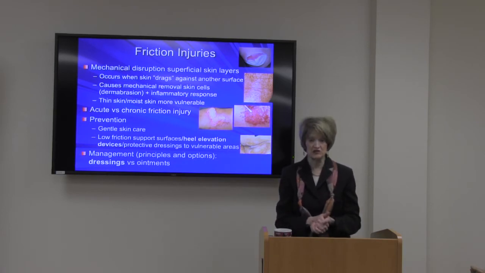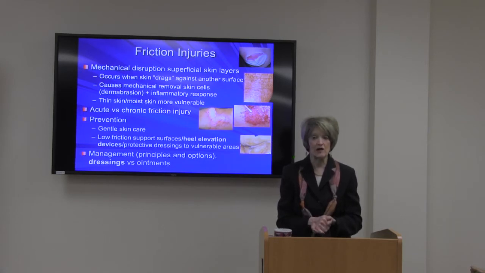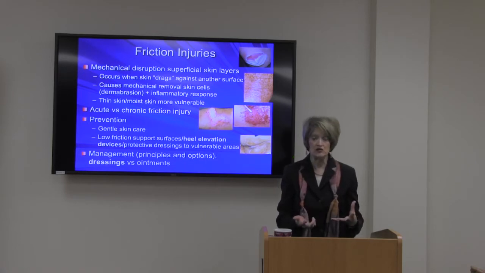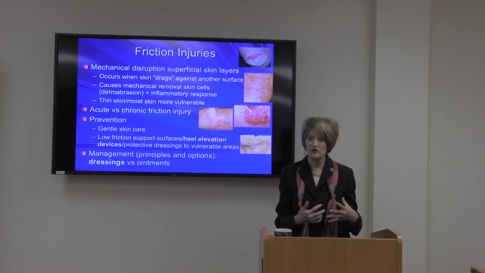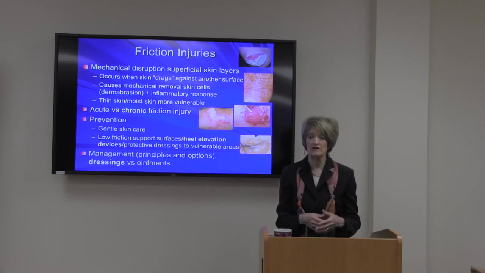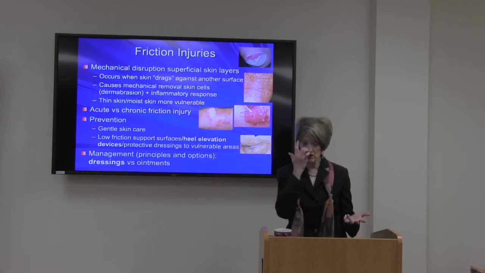What about protective dressings? Yes, they can be very effective. So you think about how frequently the sacrococcygeal area is exposed to both friction, shear, and moisture. And many of you work in settings where you have incorporated routine use of silicone adhesive or gentle adhesive foam dressings to the sacrococcygeal area as part of your pressure ulcer prevention protocol.